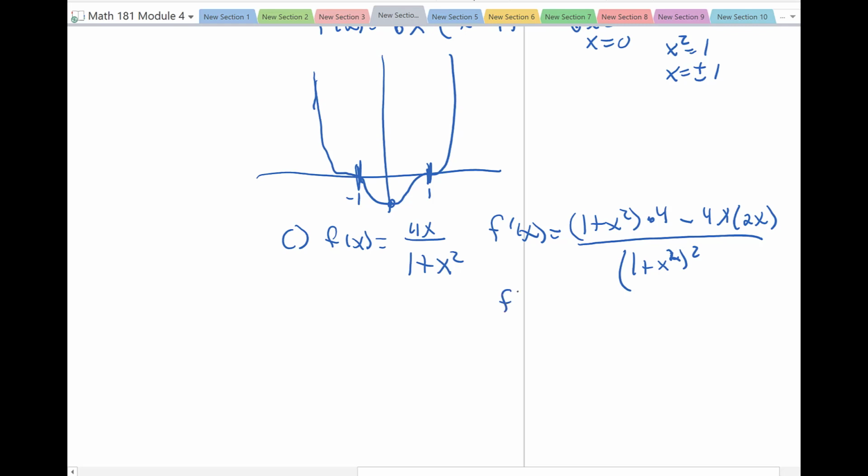So that first derivative, if I clean that up a little bit, is 1 times 4 is 4. Then I have 4x squared, then minus an 8x squared. So we're going to end up with 4 minus 4x squared over 1 plus x squared squared.